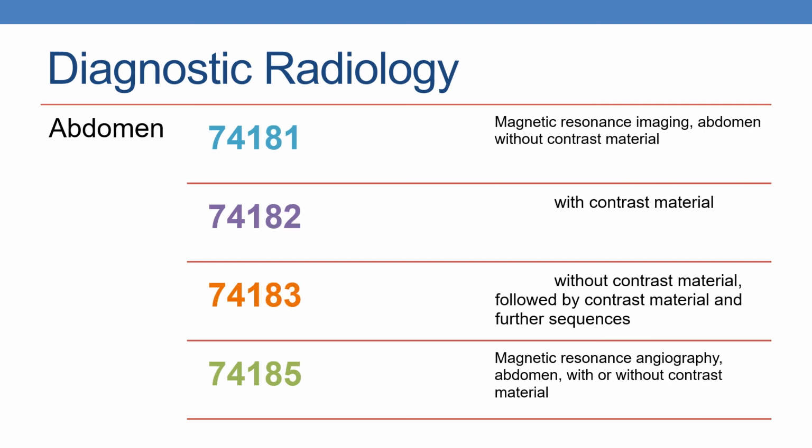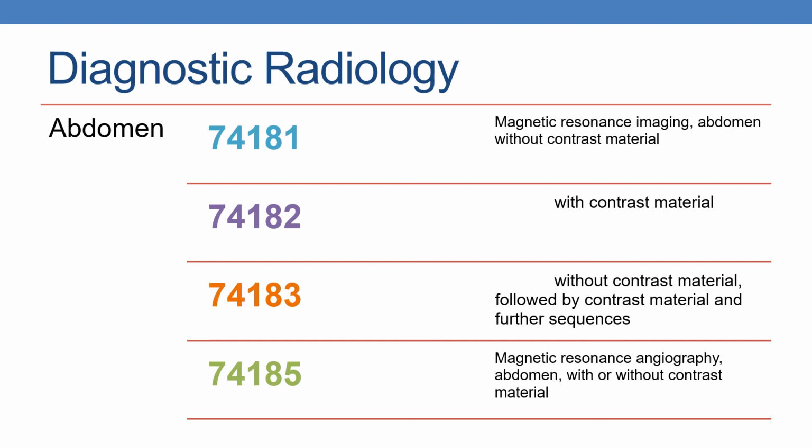The next is 74181, which is nothing but magnetic resonance imaging abdomen without contrast. MRI with contrast for abdomen is 74182. Whereas 74183 is nothing but MRI abdomen without contrast followed by contrast material and further sequences. 74185 is nothing but MRA abdomen without or with contrast material.